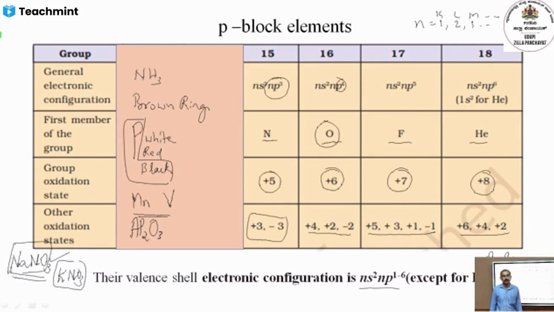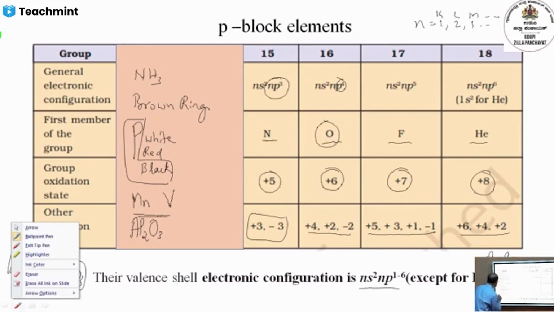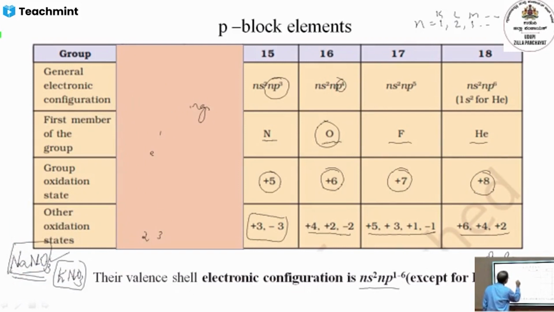The neutral oxides are carbon monoxide, nitric oxide, nitrous oxide, etc. That is CO, N2O, NO. These are neutral oxides.